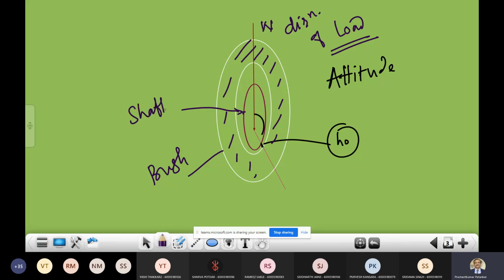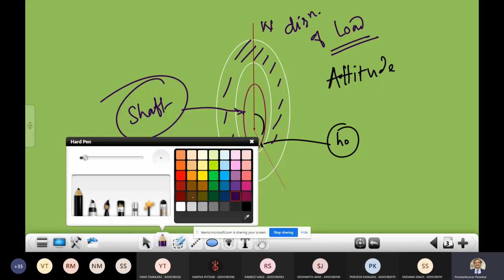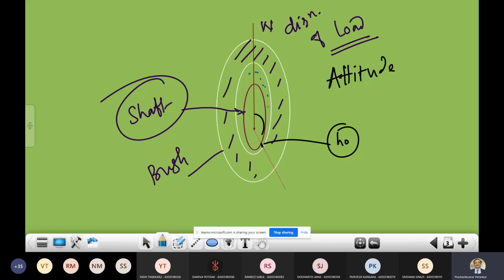In this figure the shaft is in motion, that is, rotating. You can see there is a clearance space between the surface of the shaft and the inside diameter of your bearing.